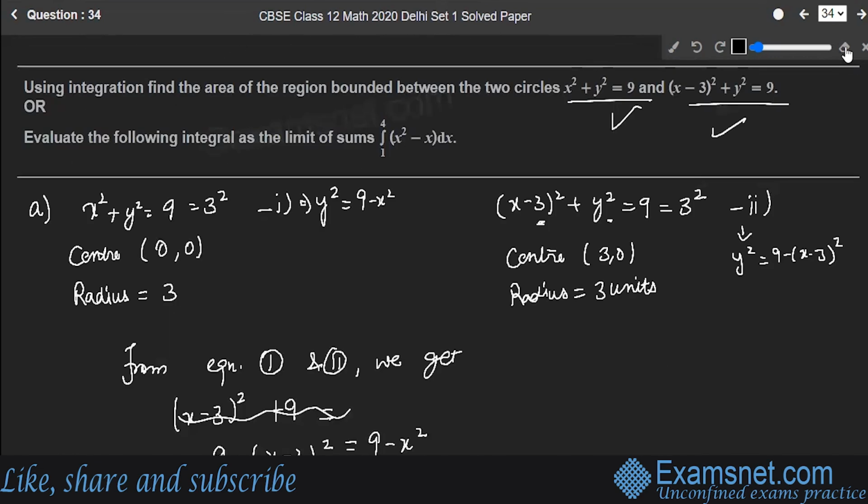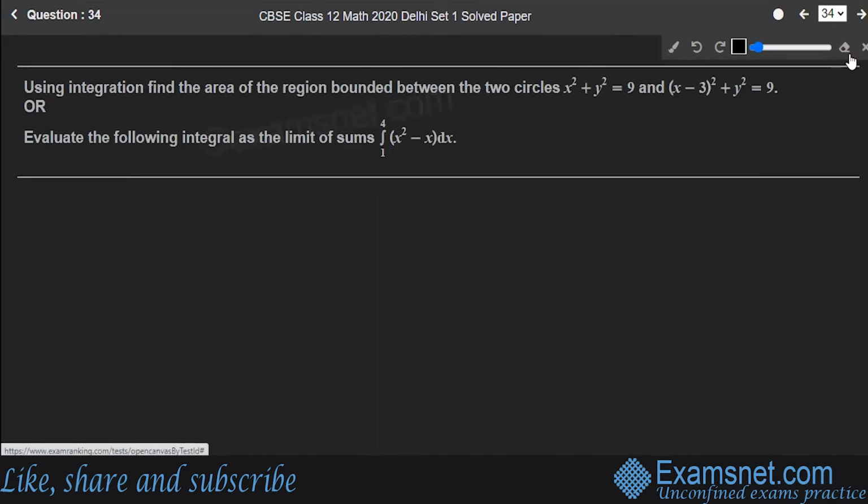I'm going to erase the screen now. So evaluate the following integral as the limit of sums. You have to find out the integral from 1 to 3 of x square minus x dx.